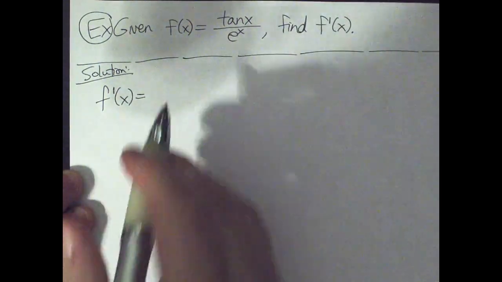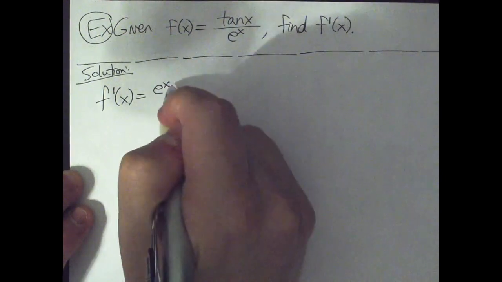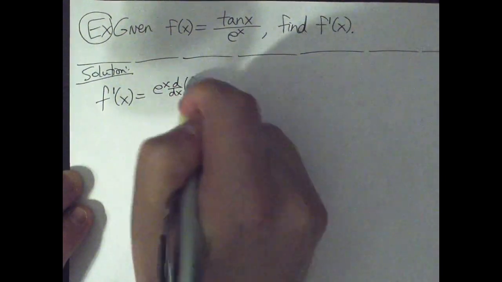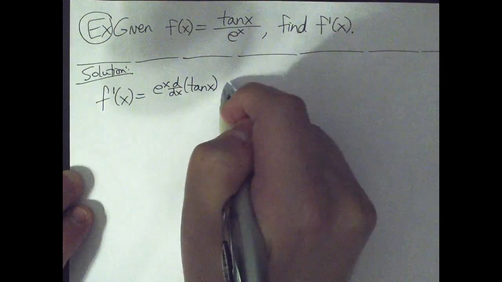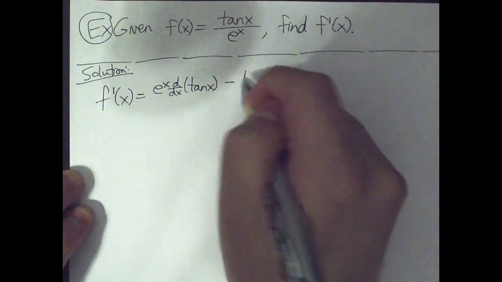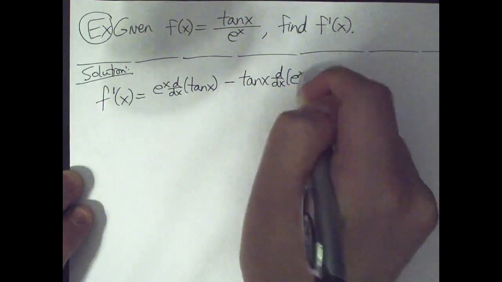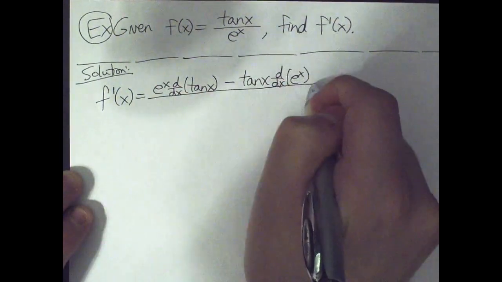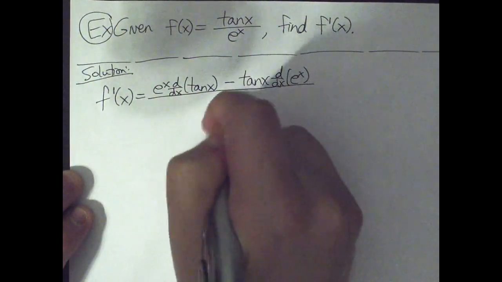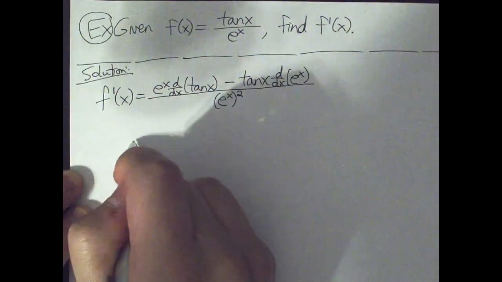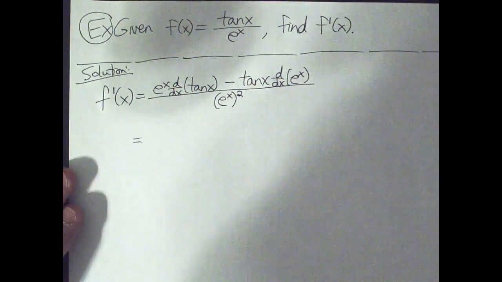We have to use the quotient rule. So bottom function times derivative of the top minus the top function times derivative of the bottom. All of that is over the bottom function squared. Don't forget that. Let's keep working with this and see where it leads us.